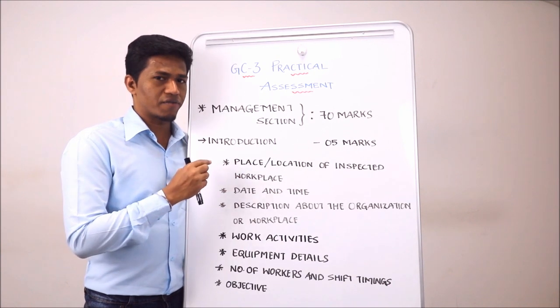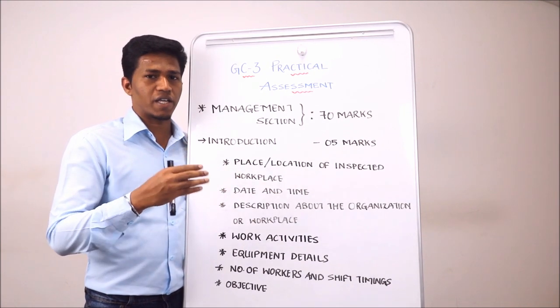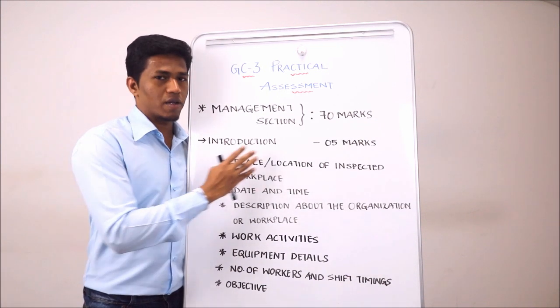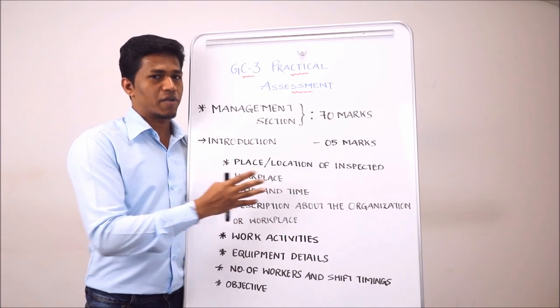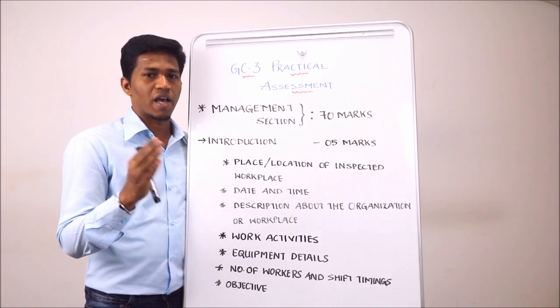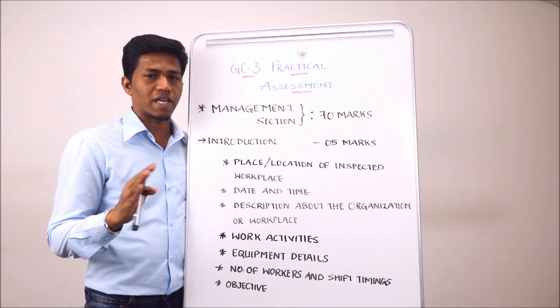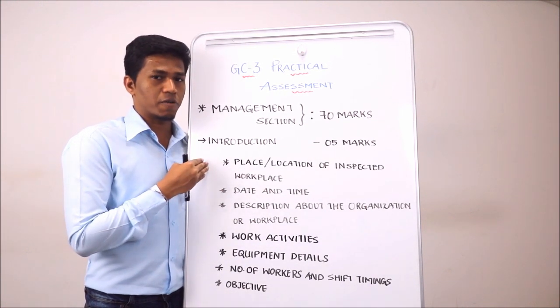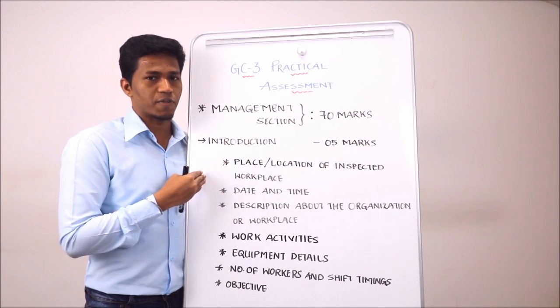I would advise you not to take 2 different organizations for your inspection, because that will make it difficult to describe or discuss in this introduction. So focus on one organization, and you can choose several departments, absolutely fine. When you write the introduction, you are going to introduce the workplace you have selected for this inspection.